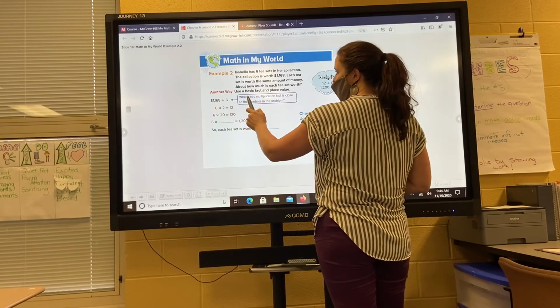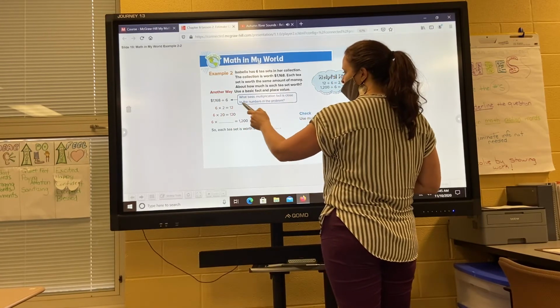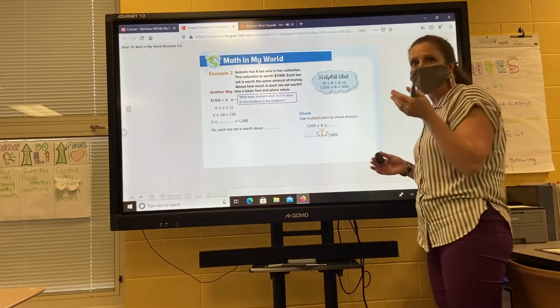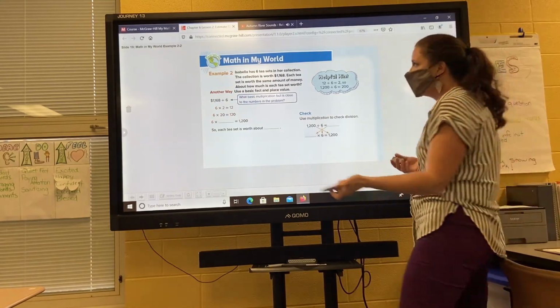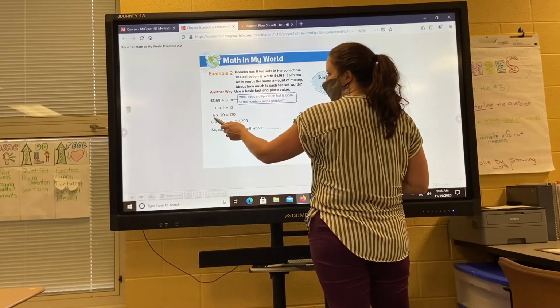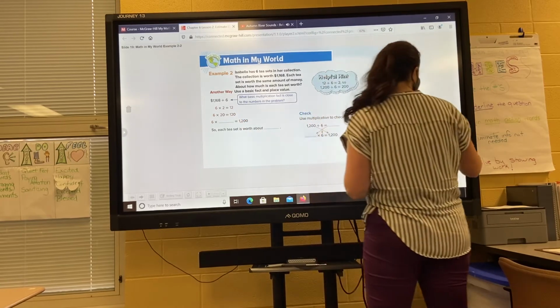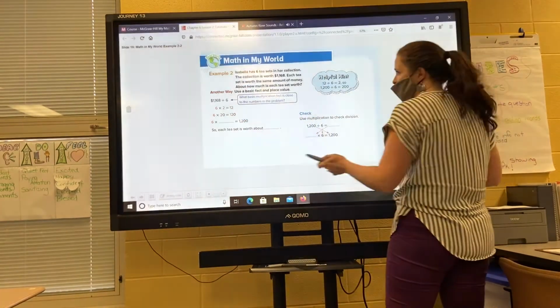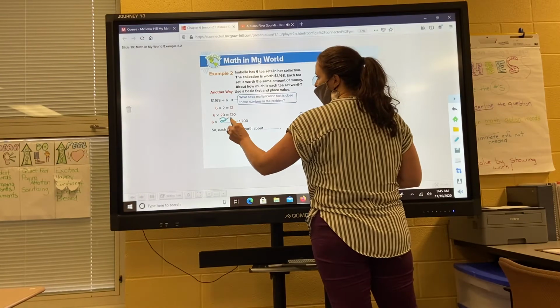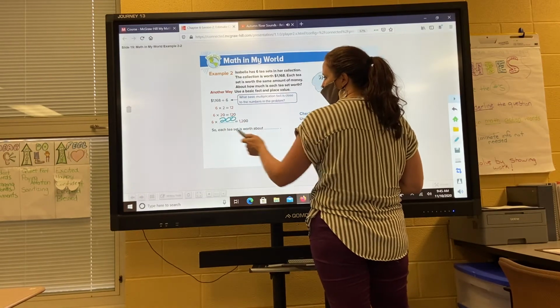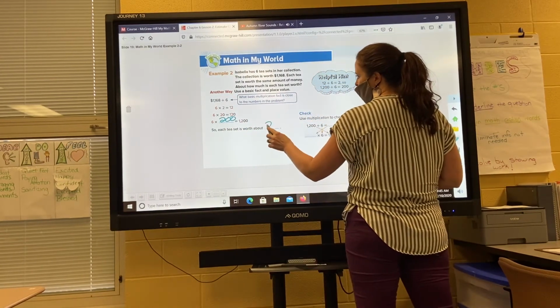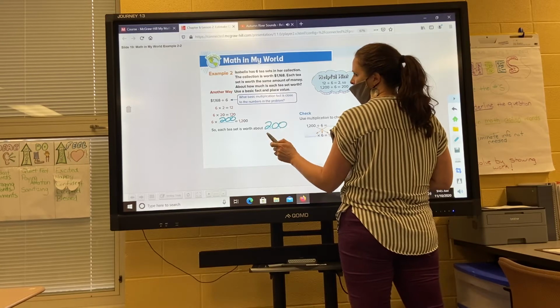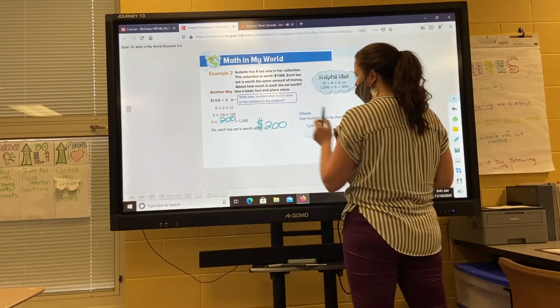So what basic multiplication fact is close to the numbers, which we did when we did our multiples. We know 6 times 2 is 12. 6 times 20 is 120. So 6 times 200 is 1,200. So each tea set is worth about $200. Don't forget your dollar signs.